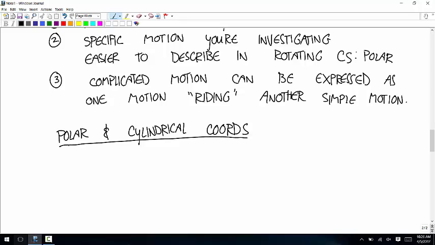If you're trying to calculate the acceleration of a point and your coordinate system is inertial, you're always using the watermelon equation. The reason we used the watermelon equation was that we were trying to figure out, in an inertial coordinate system, the acceleration of the origin of our coordinate system.